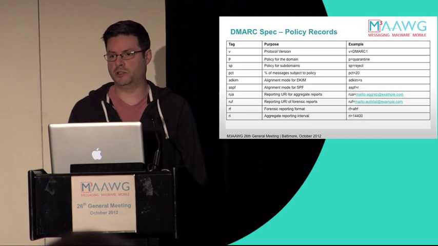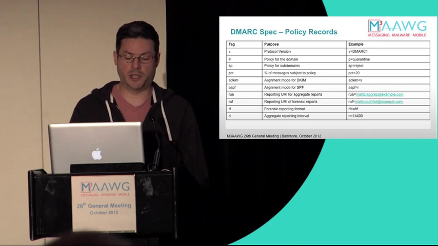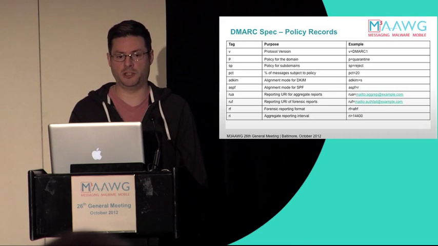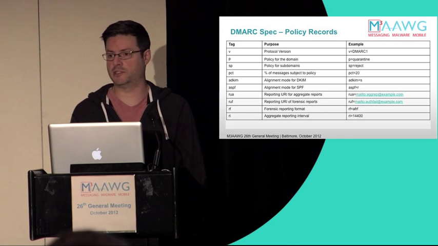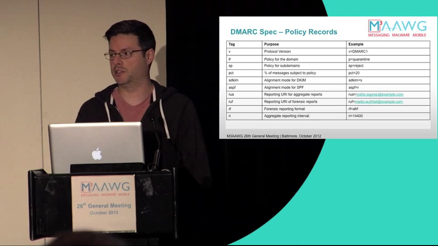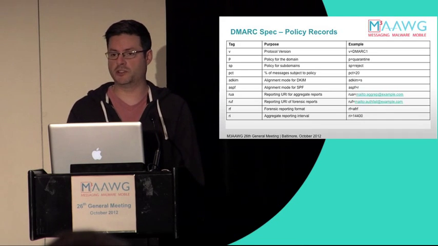The percentage field, just to reiterate, everything below P in this table is an optional field, and there are default values associated with it. So just to make that point totally clear, you don't have to have a subdomain policy. The percent field lets you control the degree to which a receiver will apply the policy you've selected. It defaults to 100%.